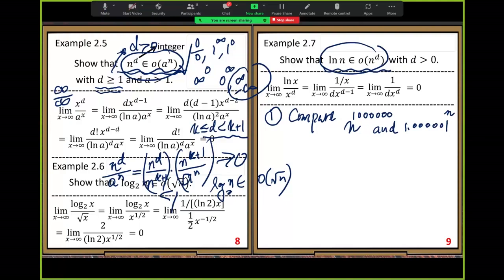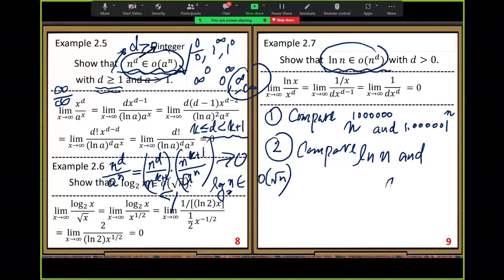The second one. This time we compare the natural log function, the first one, and the second function, n to the d. Remember, d only needs to be a positive number.